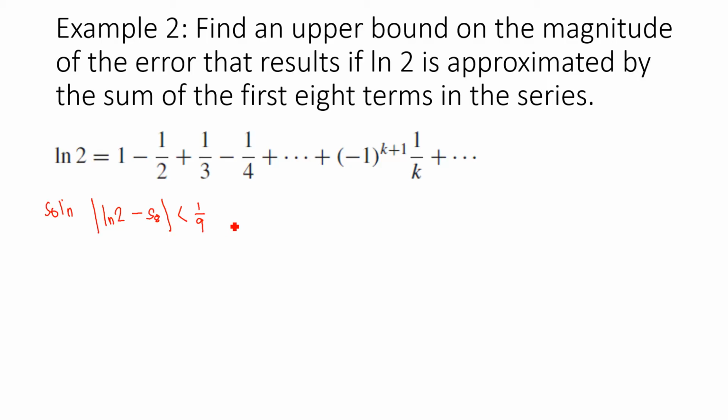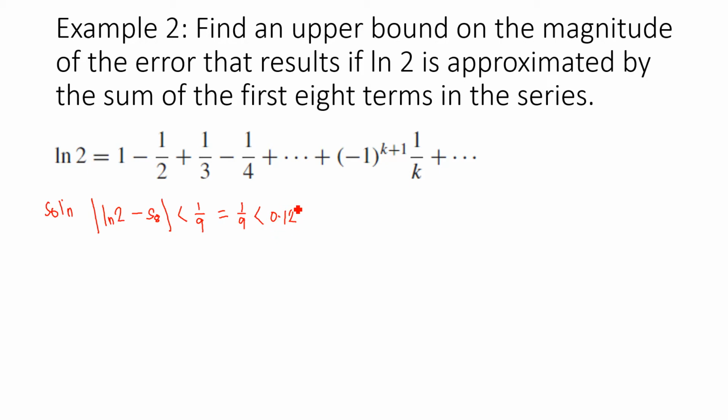And since we're looking for the upper bound, if we translate this into decimals, then 1 over 9 is of course less than, okay, this is 0.111111, and so on. So the next of that would be 0.12.